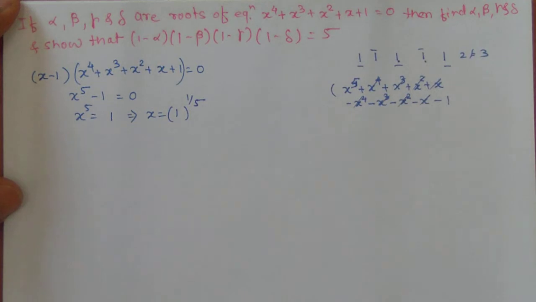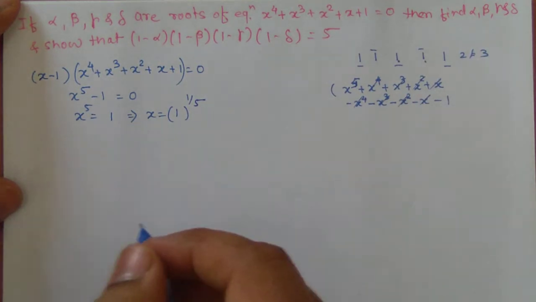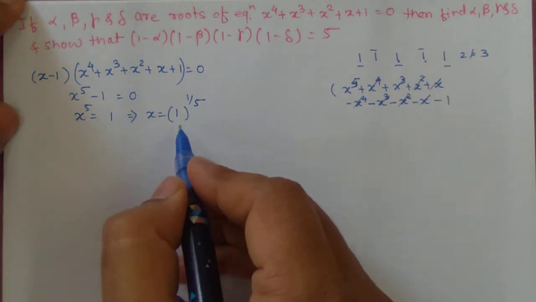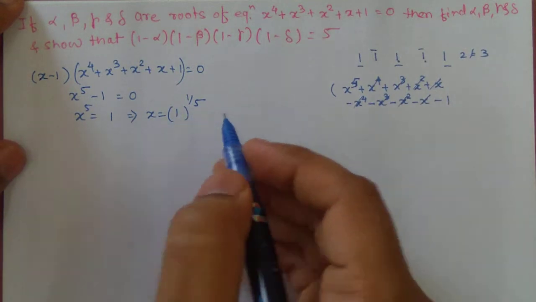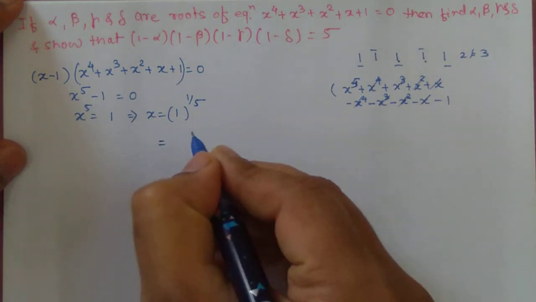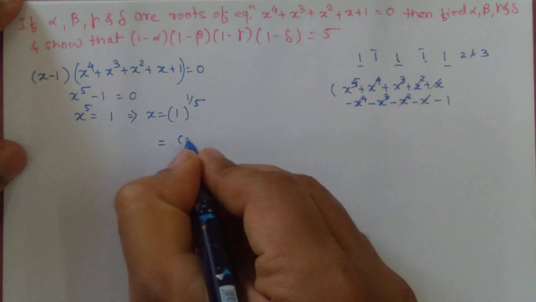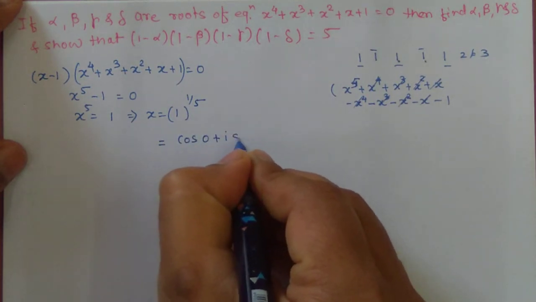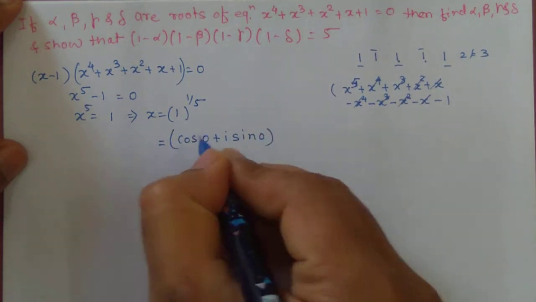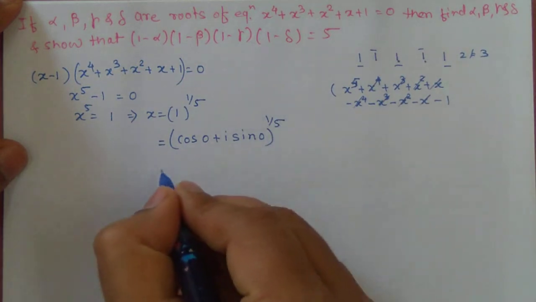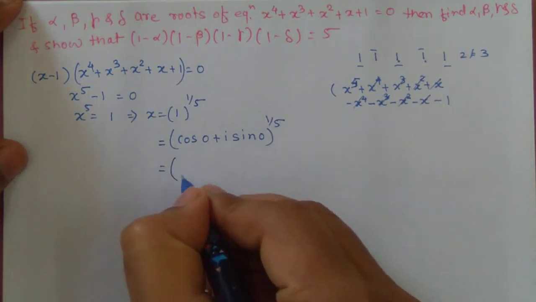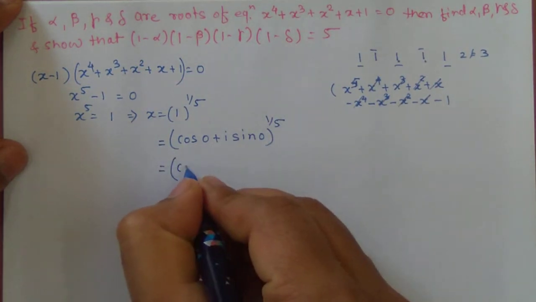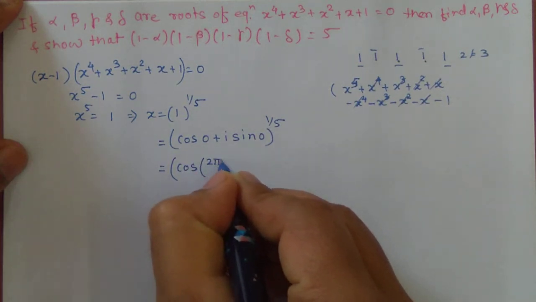Is it? So now the procedure is the same as the fifth root of unity we are going to calculate. As we said in the previous lecture, the 1 can be written in the form of cos 0 plus i sin 0, bracket raised to 1 by 5, and by using the standard rule of nth root, we get cos of (2 pi k plus theta) by n plus i sin.